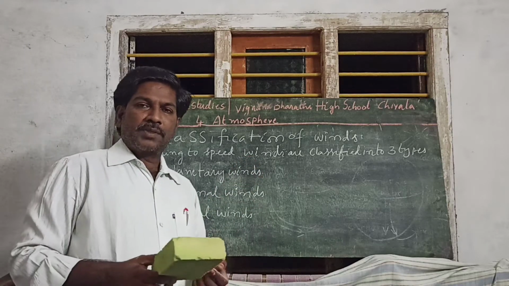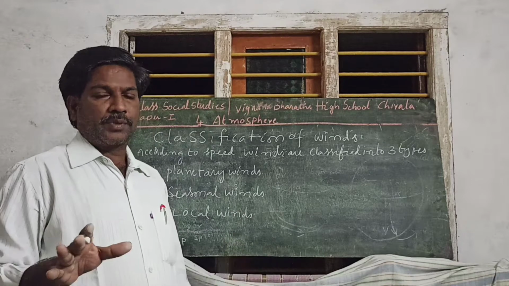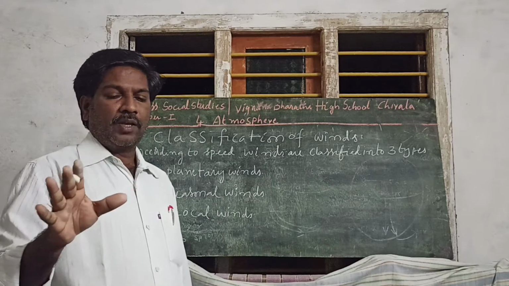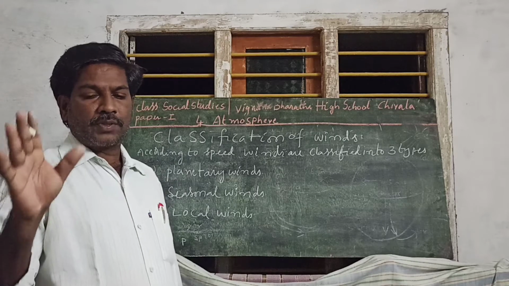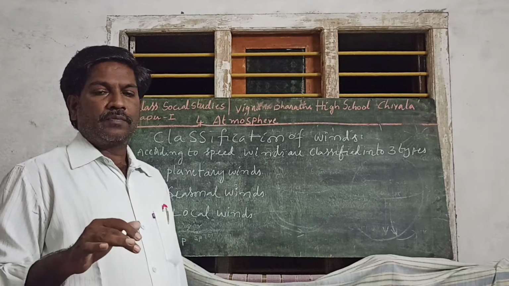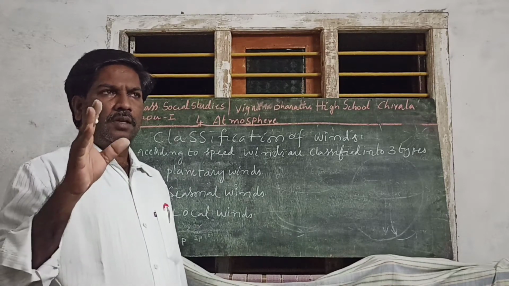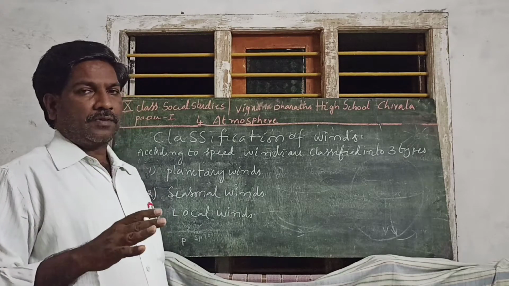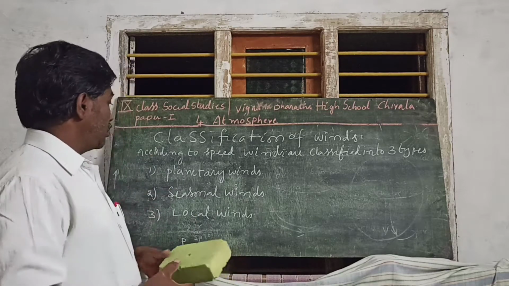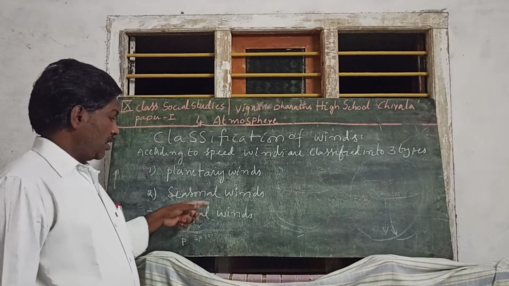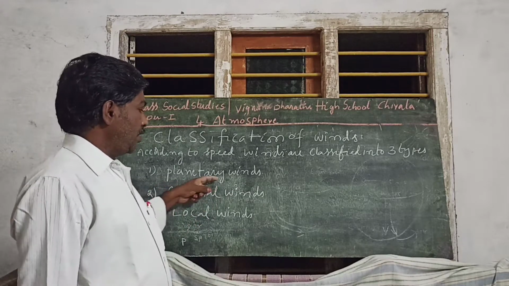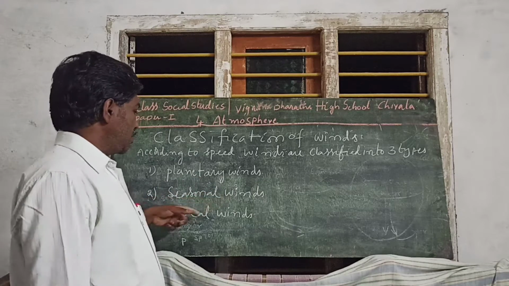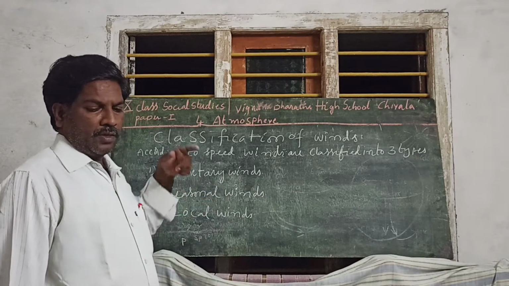Winds are how many types? Winds are three types. According to the speed, we can classify the wind into three types: planetary winds, seasonal winds, and local winds.